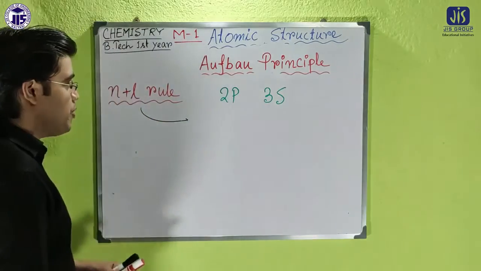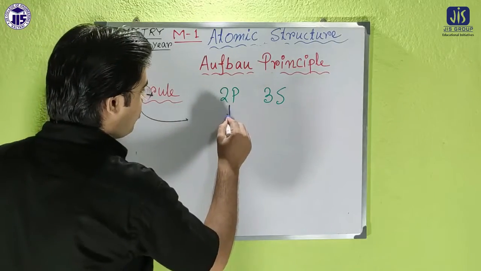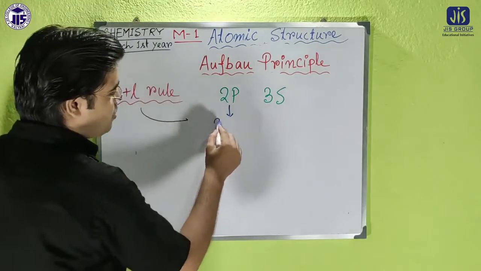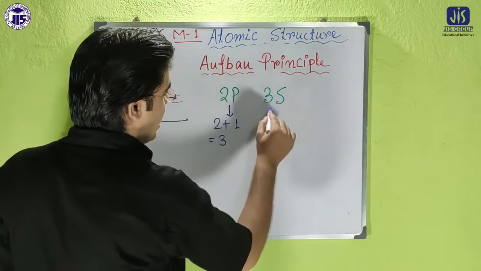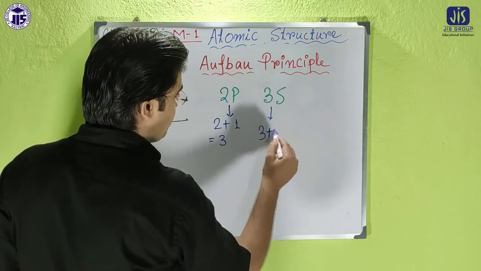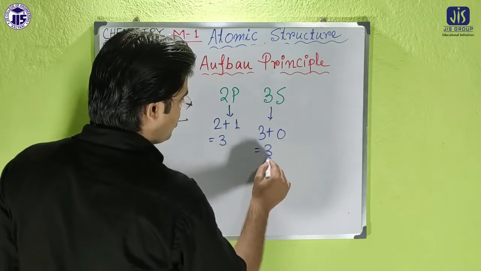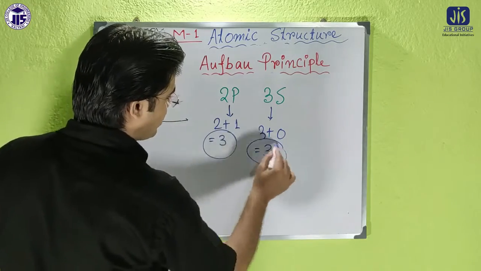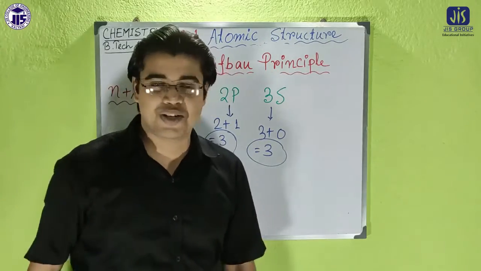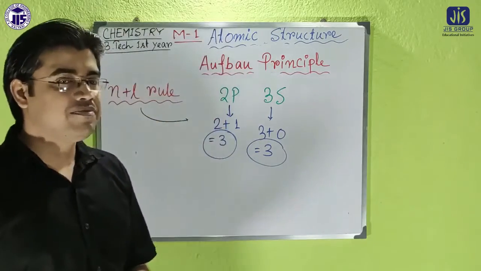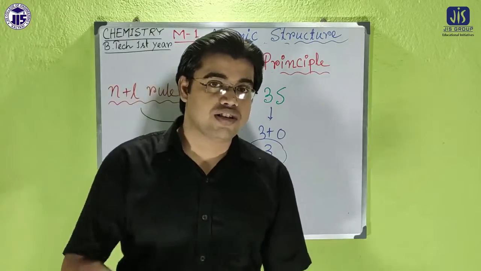I can show you here: if you calculate the n plus l value, it will be 2 plus 1, that equals 3, and here 3 plus 0 equals 3. The most interesting case is that for both cases the n plus l values are the same.